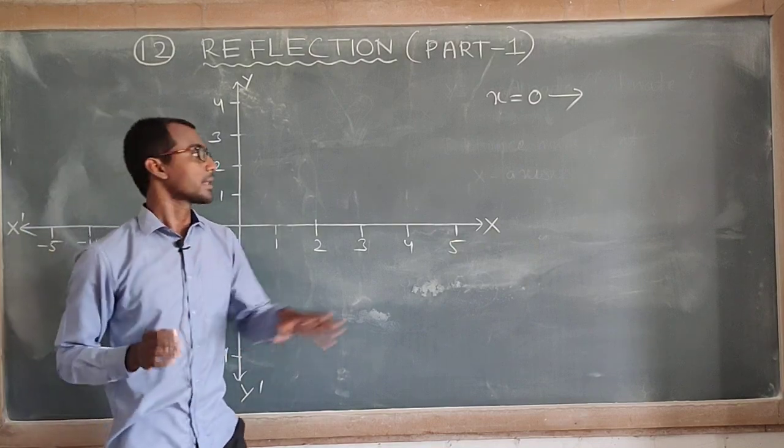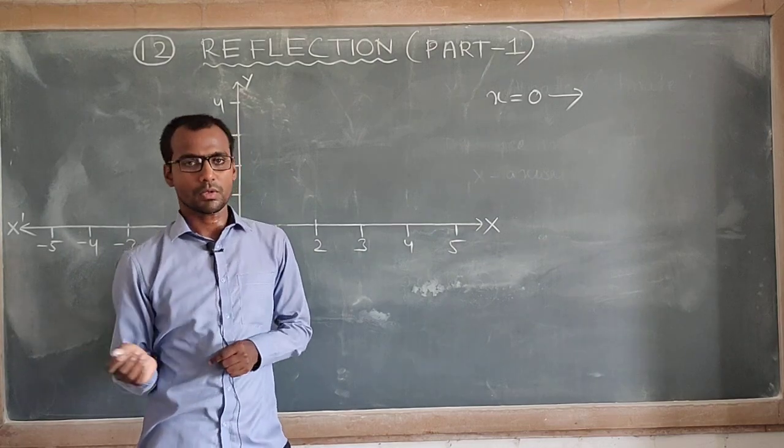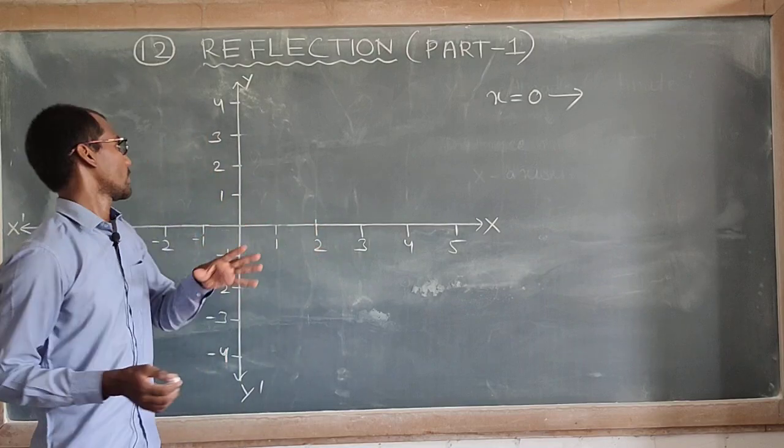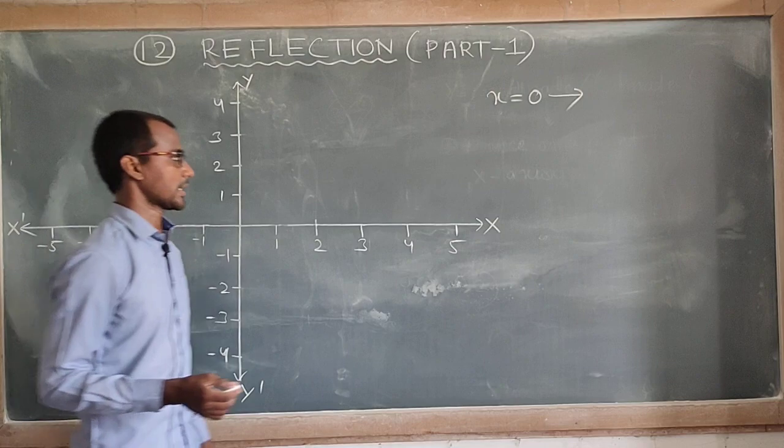So to satisfy this, you have to take the x coordinate 0, and the y coordinate may be any value. You take any value for y, but x equals 0. Okay, so if you plot those points, you will get this line. But what is this line? This is the y-axis.